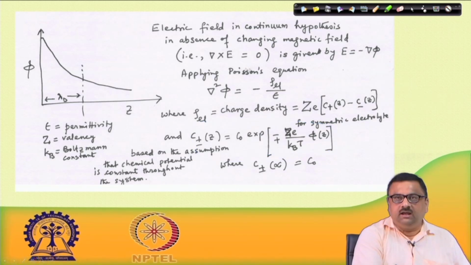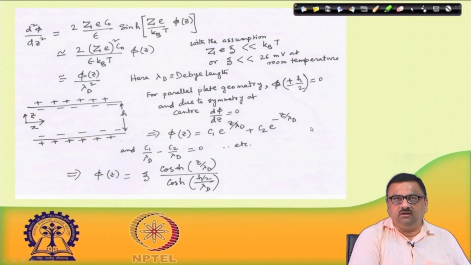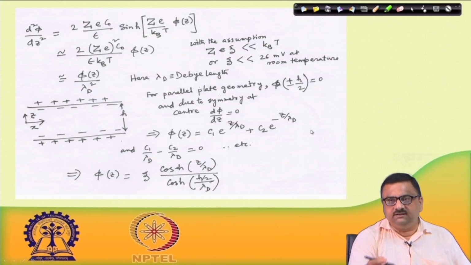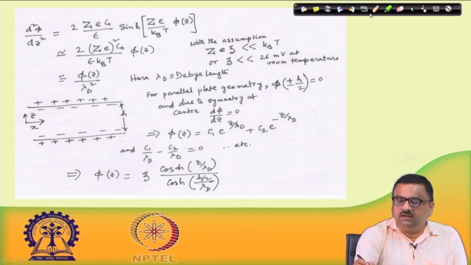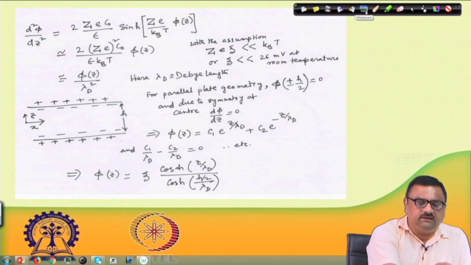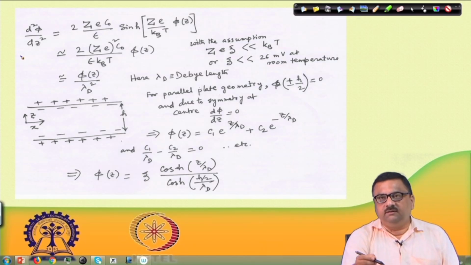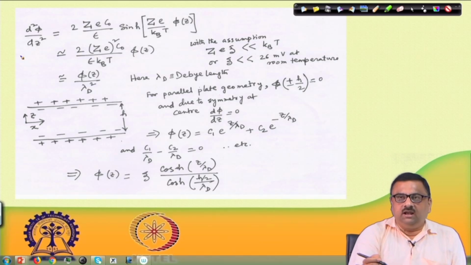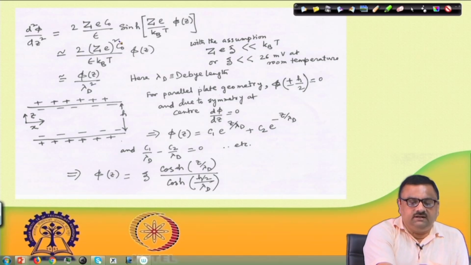Now, if we take Poisson's equation, replace this rho EL by this quantity, and try to solve this, one ends up with, I am skipping a few steps and just giving you the final result, e to the power mx terms, and then one can write this in terms of sine hyperbolic of this quantity.